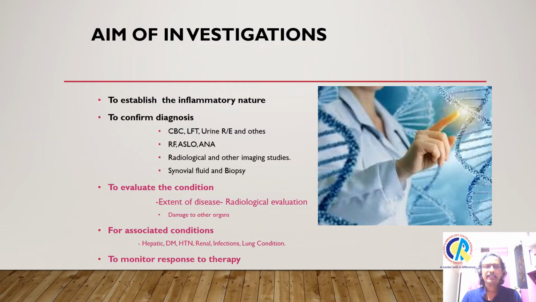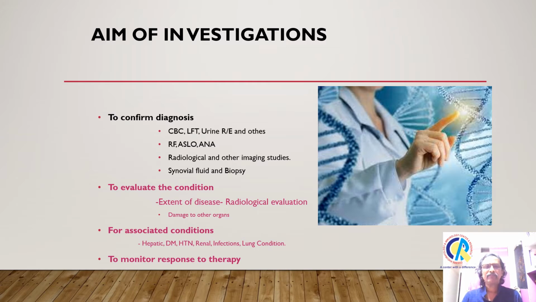Having established whether it is inflammatory in nature, we then need to proceed to confirm the diagnosis. To confirm the diagnosis, tests like CBC, liver functions, urine routine, and a few other regular tests that we do also help us in consolidating the diagnosis.